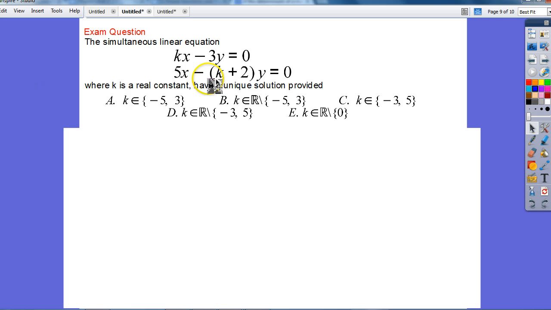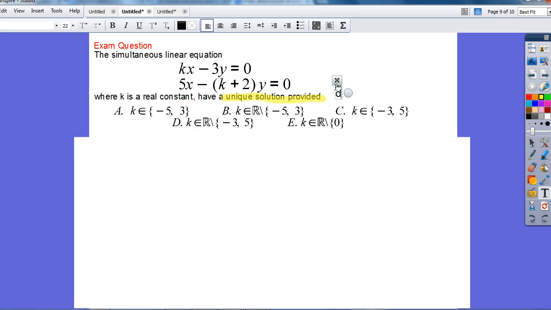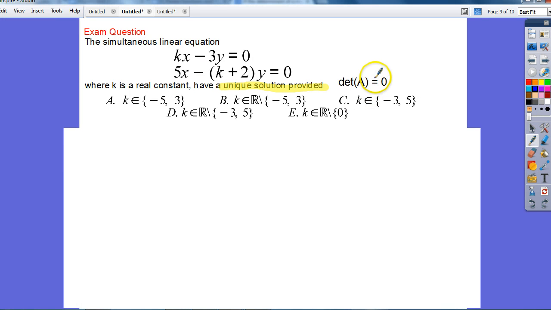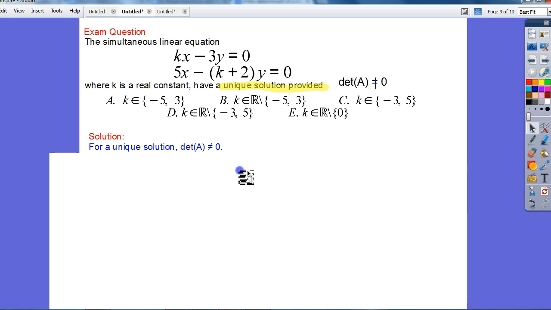Now, we want a unique solution. So that means we need to use the idea that the determinant of A cannot equal 0, and when the determinant of A does not equal 0, then we're going to obtain a unique solution.